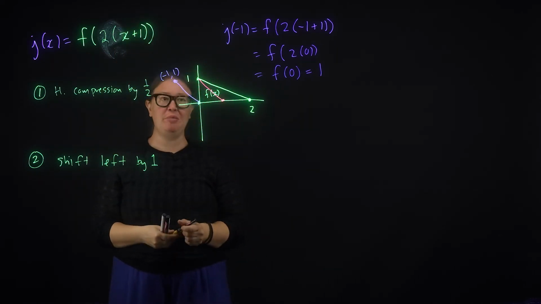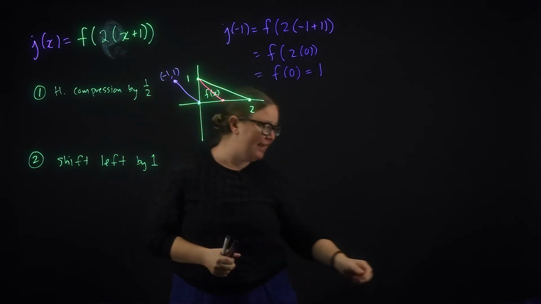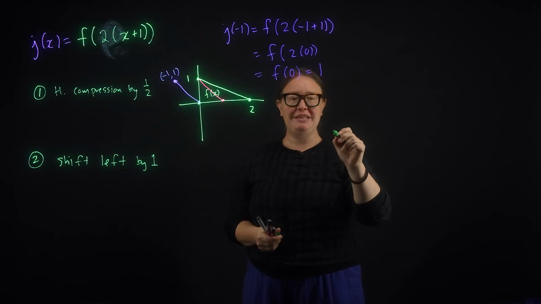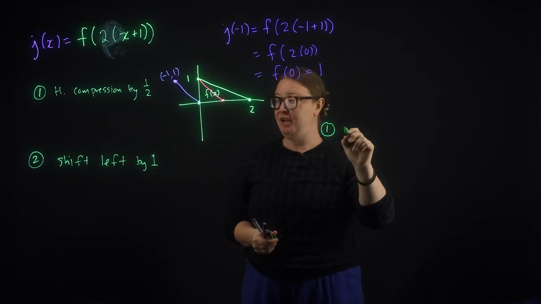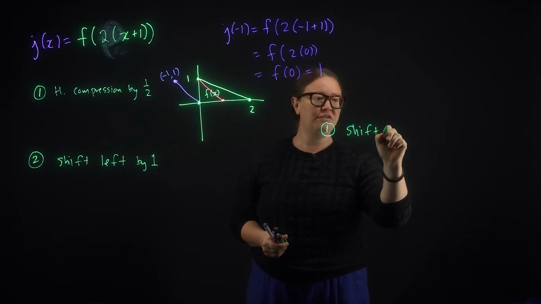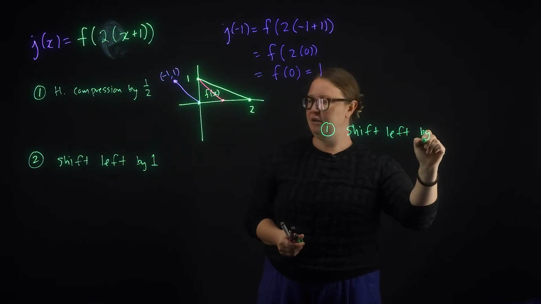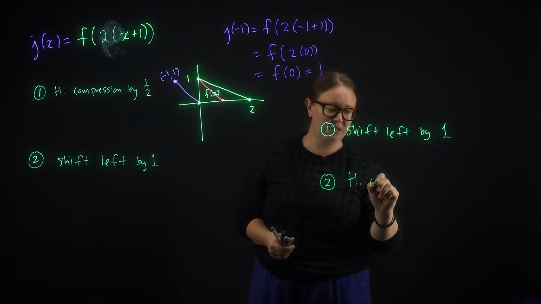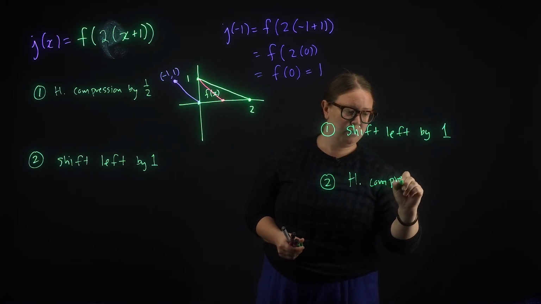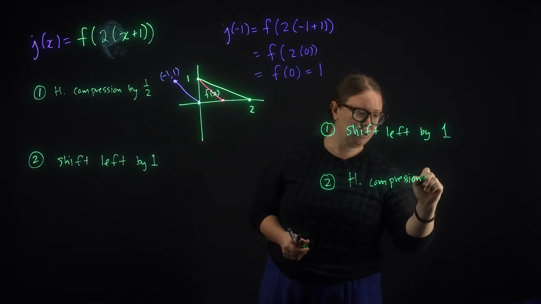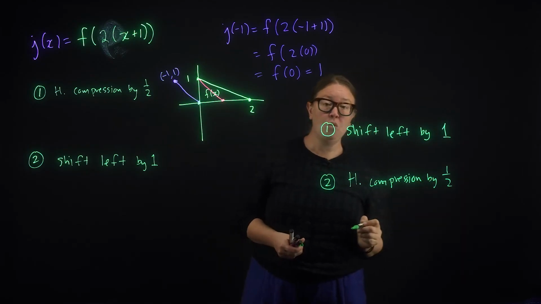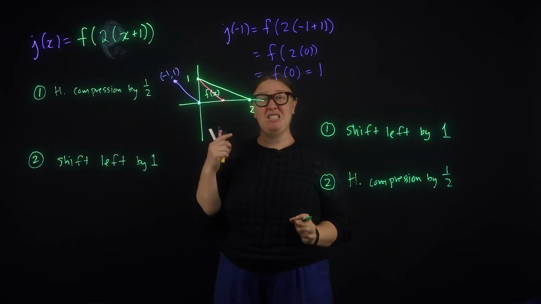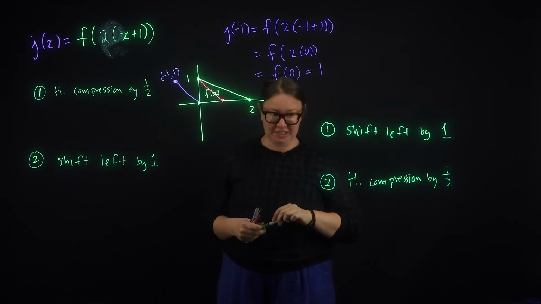But say I didn't remember that and say that I thought what had happened instead was a shift left by 1 followed by a horizontal compression by 1/2. What I want to show you is that we can carry this out graphically and that this point check is going to help us find our mistake.